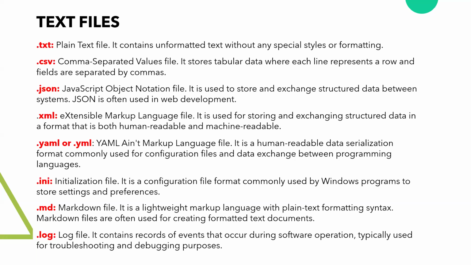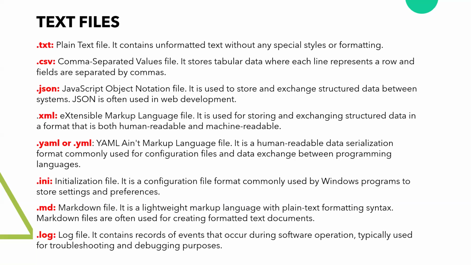Most of you are going to be meeting YAML, especially those doing DevOps and cloud computing. The other text file is .ini, the initialization file. It is a configuration file format commonly used by Windows programs to store settings and preferences.